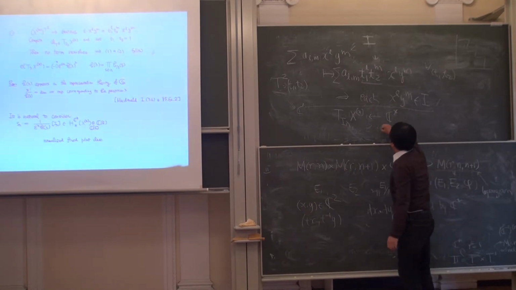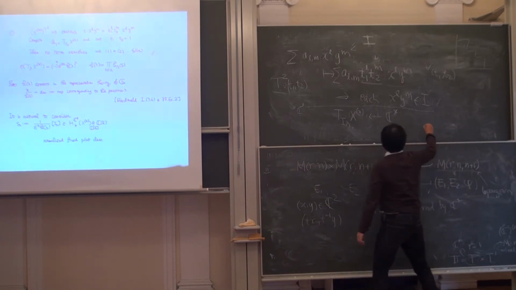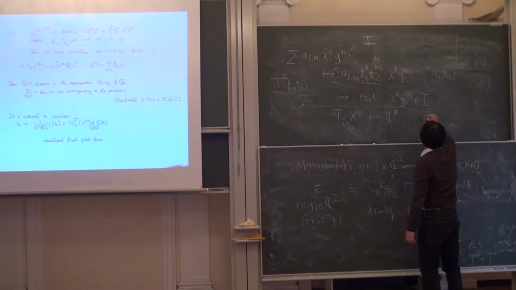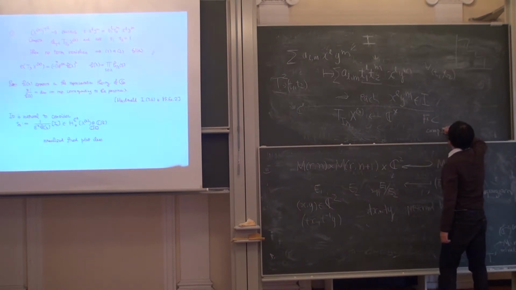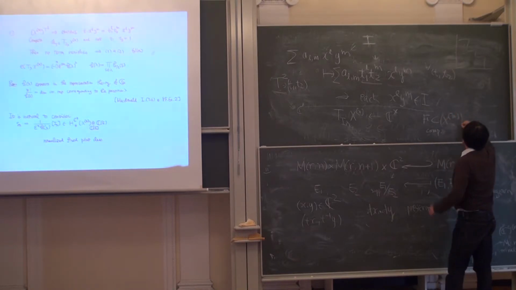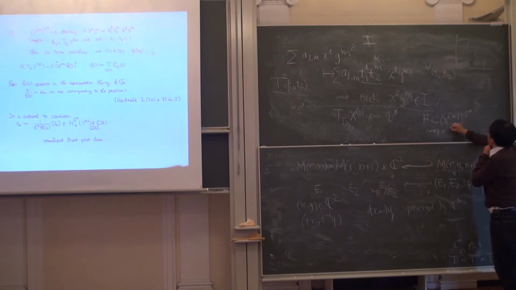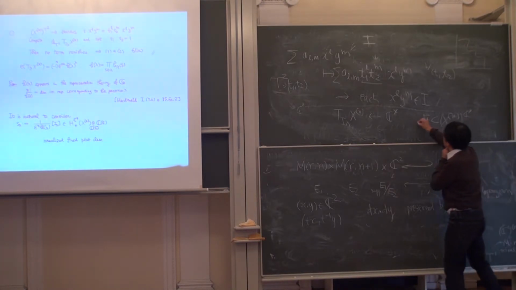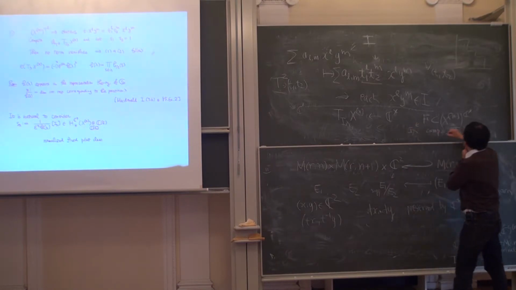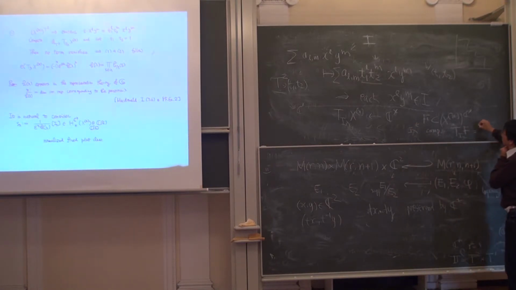If you have a fixed point locus, F a component of the fixed point locus containing I_lambda, then its tangent directions are the weight zero space in the tangent space.